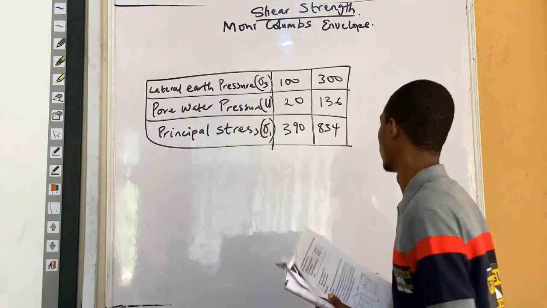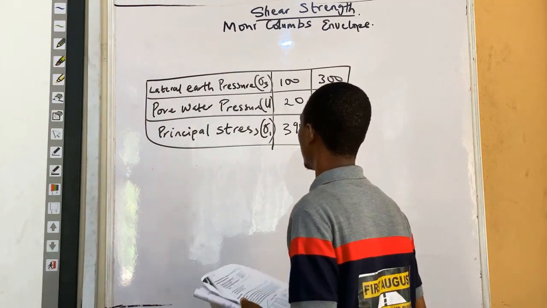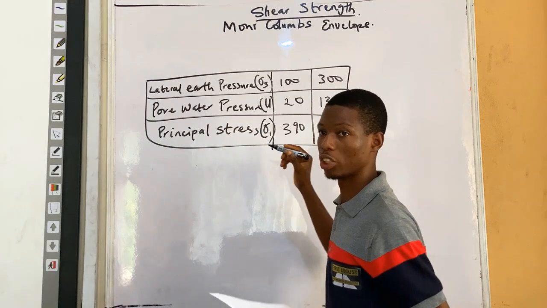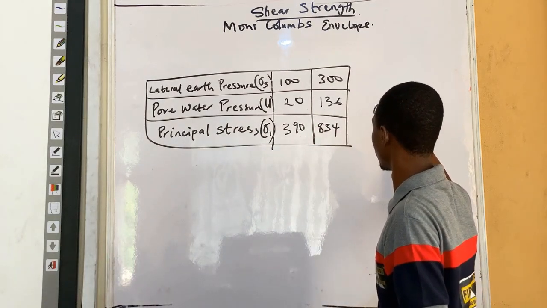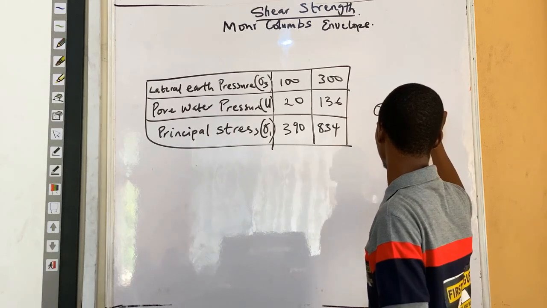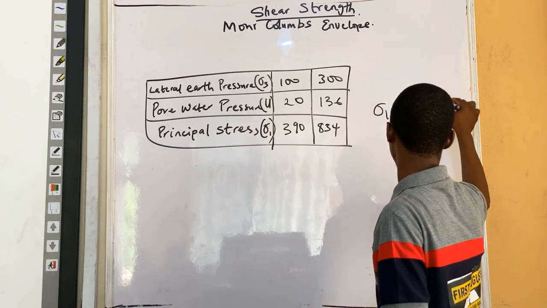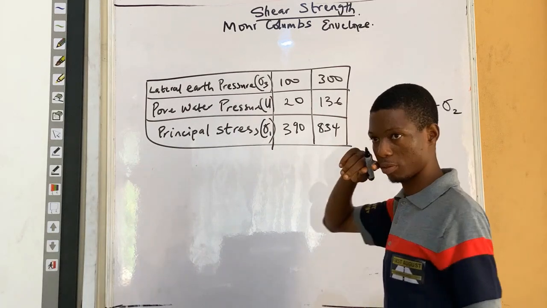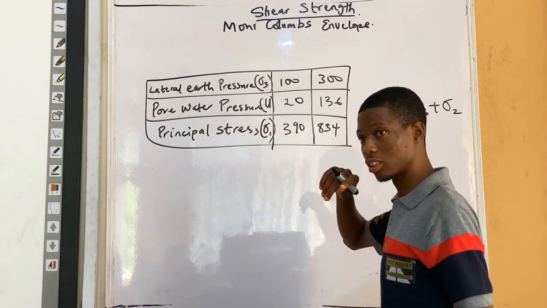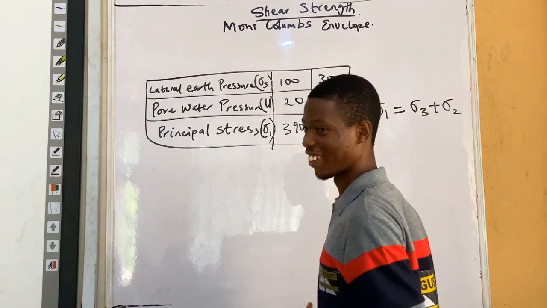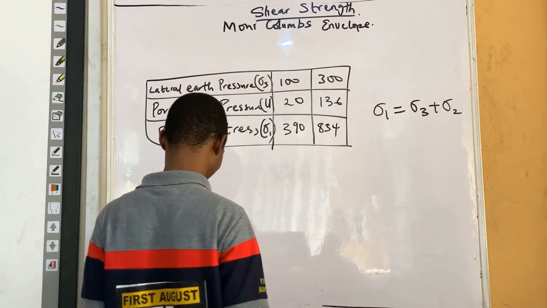I was explaining the shear strength. I said sigma 1 equals sigma 3 plus sigma d.